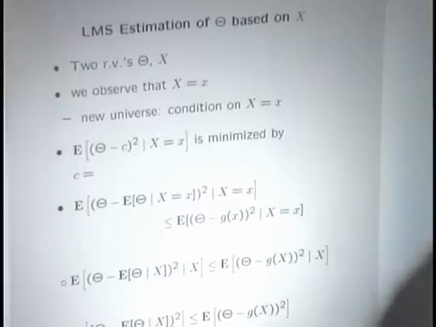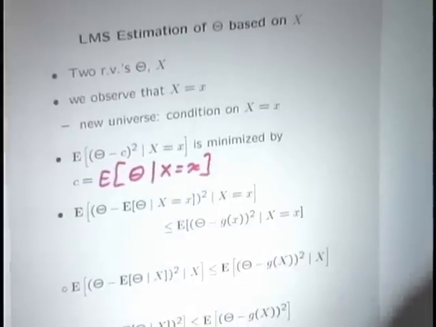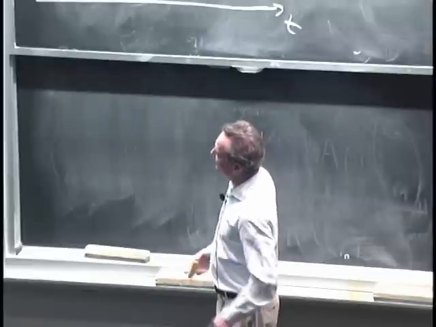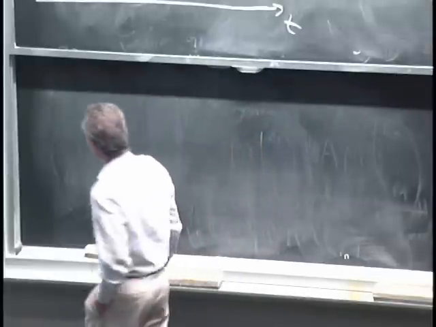So because of what we did before, by the same calculation, we would find that the optimal estimate is the expected value of theta, but the optimal estimate that takes into account the information that we have. So conclusion, once you get your data, if you want to minimize the mean squared error, you should just report the conditional estimation of this unknown quantity based on the data that you have.